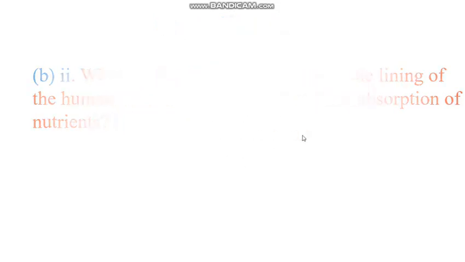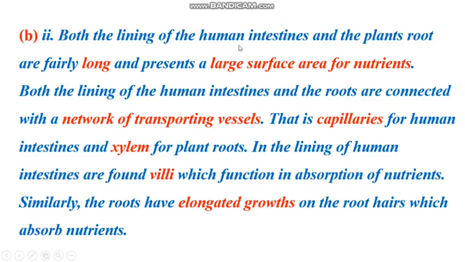So we can say both the lining of the human intestines and the plant roots are fairly long and present a large surface area for nutrients. Both the lining of the human intestines and the roots are connected with a network of transporting vessels, that is capillaries for human intestines and xylem for plant roots.